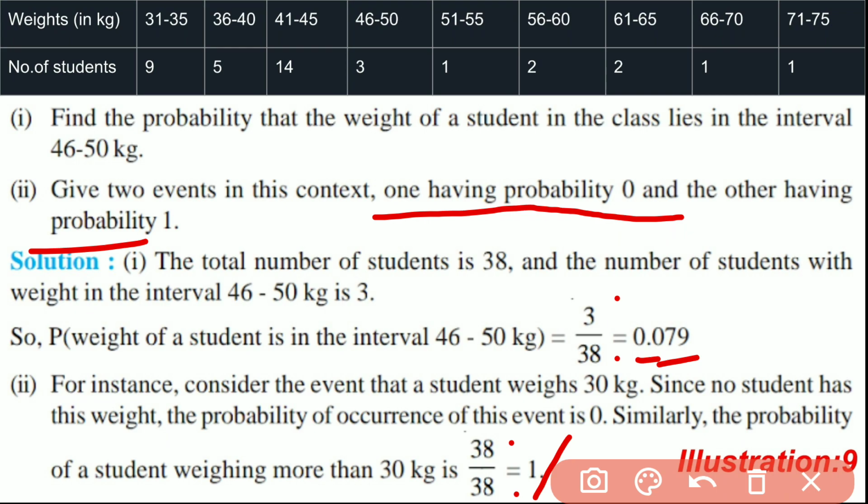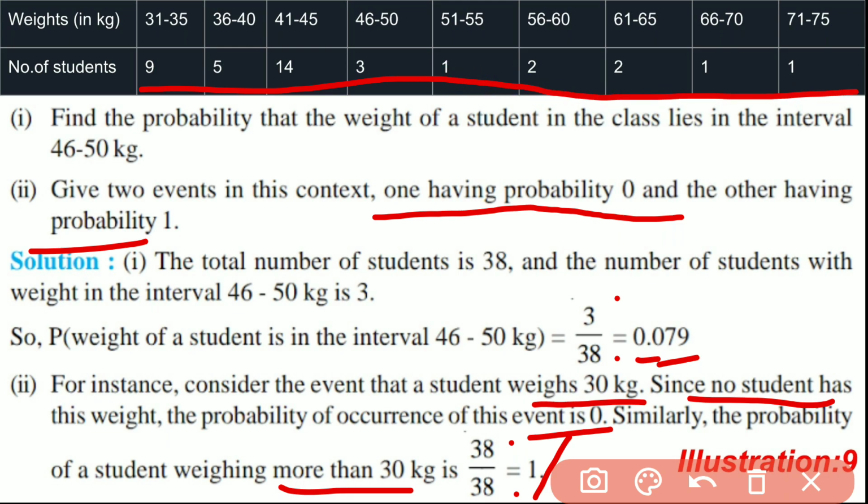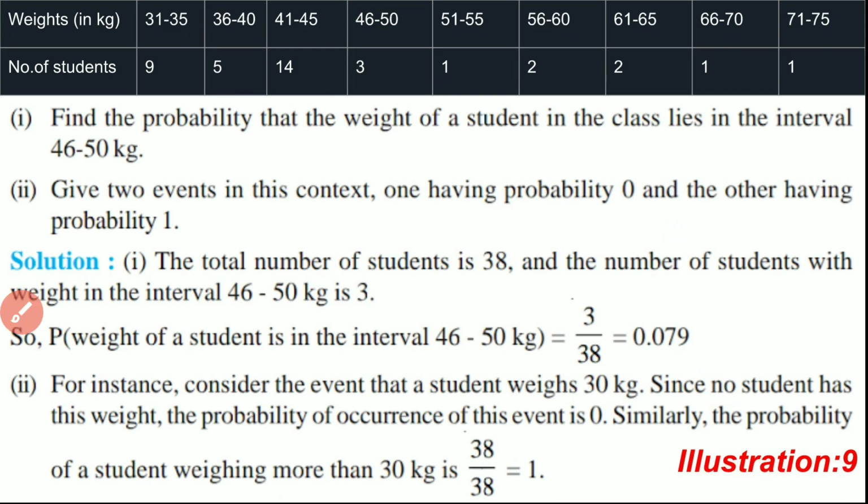So for finding the probability of the event, for no students less than 30 it is 0, and when we see more than 30 weight, the result is 1, because all the students have more than 30 weight in a class of 38 students. In the same way, 38 out of 38, divided by the same number, gives 1. This was example 9.